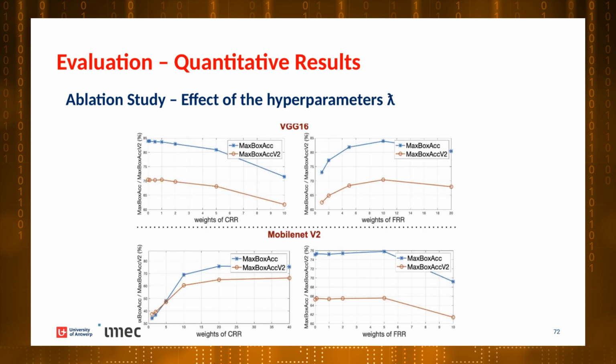Now, this is another result. I will not bother you too much with the details here, but the idea is that we have these 2 components, common region regularization and full region regularization, which address the 2 problems I showed you before. And when we train our model, we need to find a good trade-off between these 2. What you see here is more or less what will happen if we weight these 2 components differently.